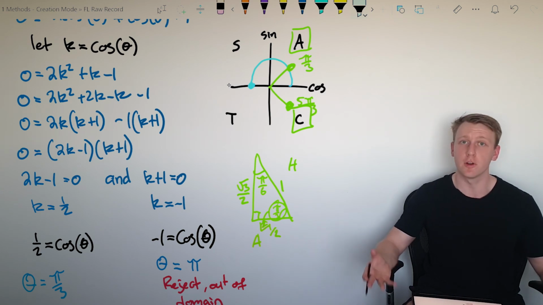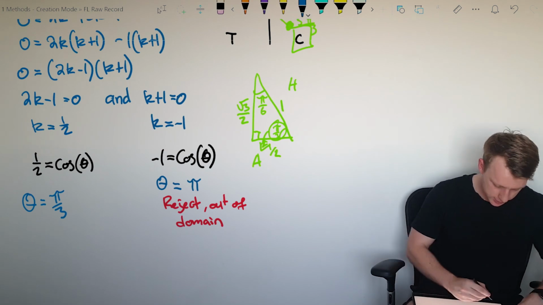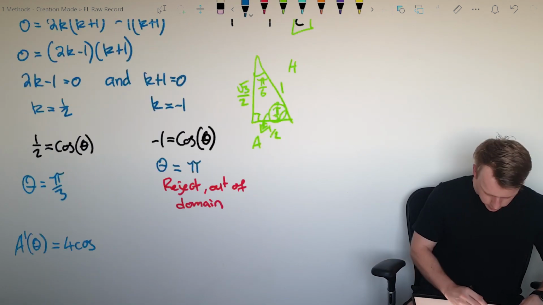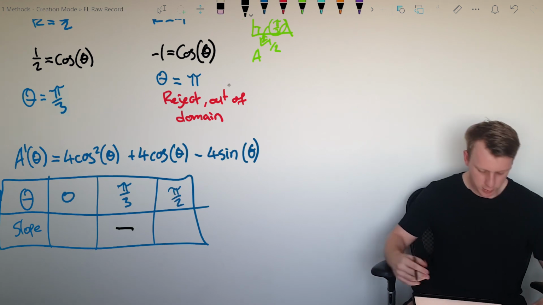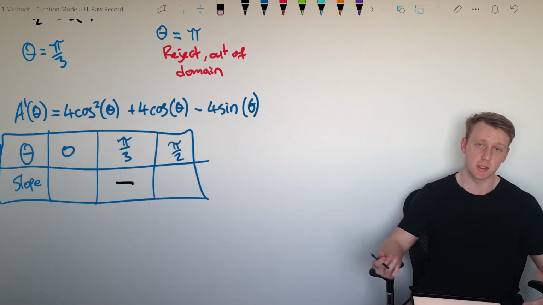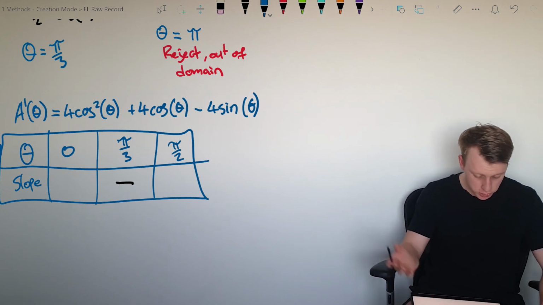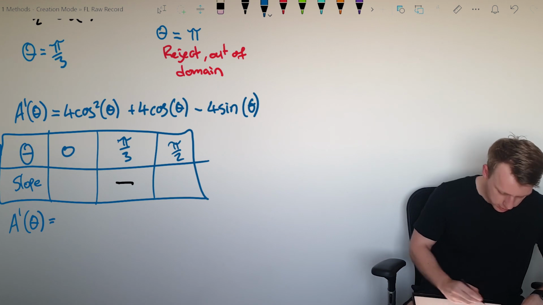Now I need to verify that this is a maximum, so I will use the first derivative test. So I know at pi on 3, I've got a flat slope. I'm going to pick two nice points, which are 0 and pi on 2. So what's the slope doing between these points?